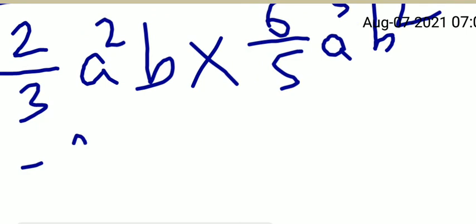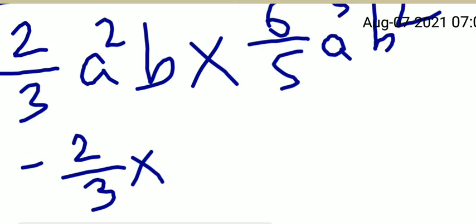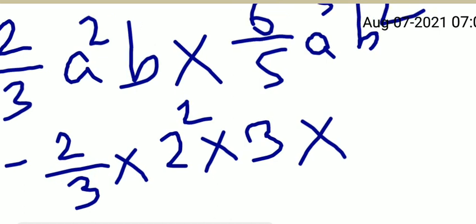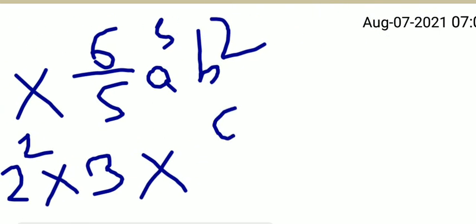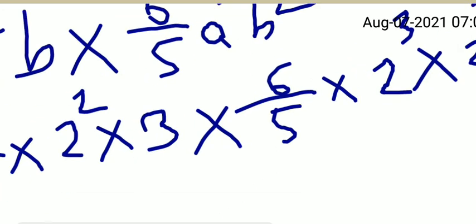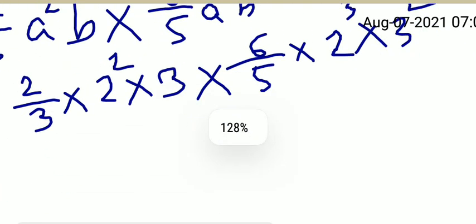Write minus 2 by 3 into a square, where the value of a is given as 2, so write 2 square, into b, given as 3, so write 3, into 6 by 5, and a cube, so put the value 2 to the power cube, into b square, means 3 to the power square.